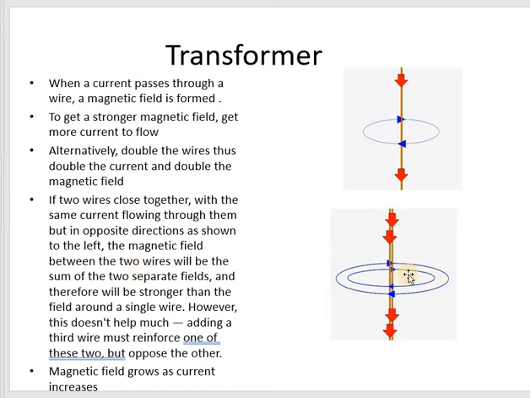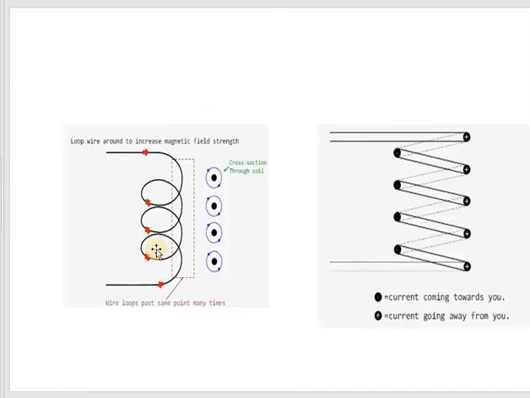However, adding more turns will increase the magnetic field around the core wire. That is the basis of how a transformer is designed.